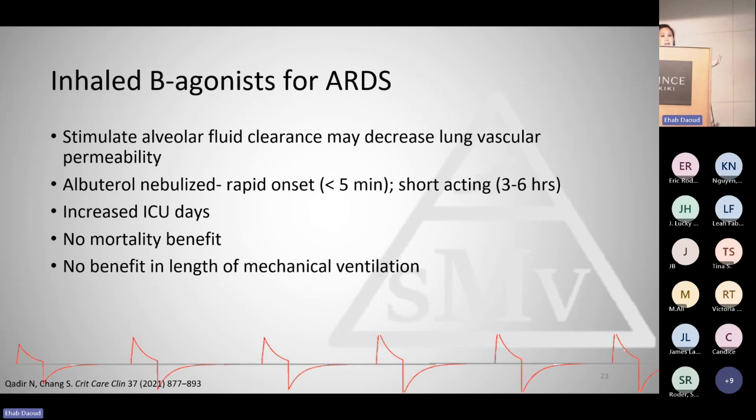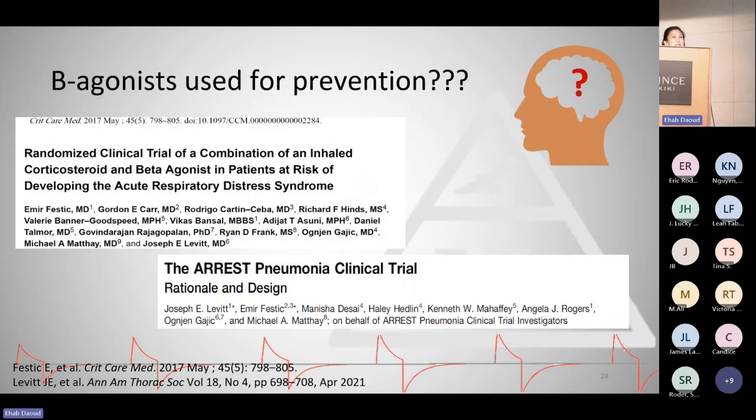Basically, the data says it doesn't show a benefit. It increases ICU days. There's no benefit in the mechanical ventilation. But there is some data looking at the potential for prevention of ARDS.